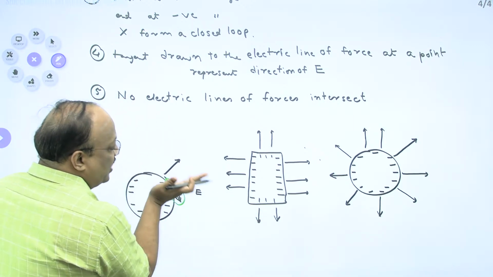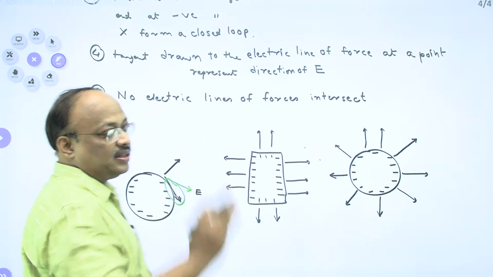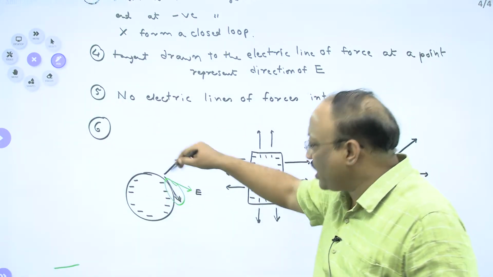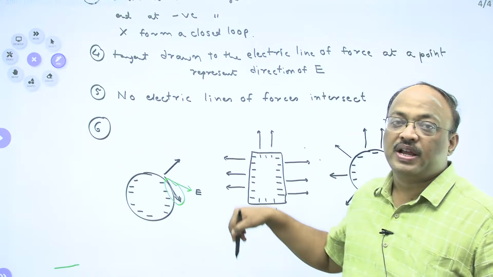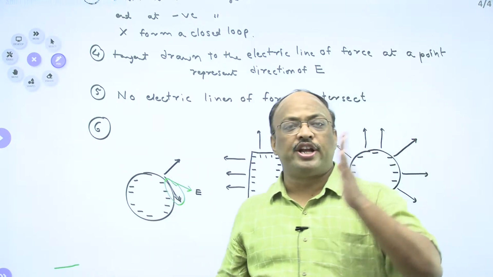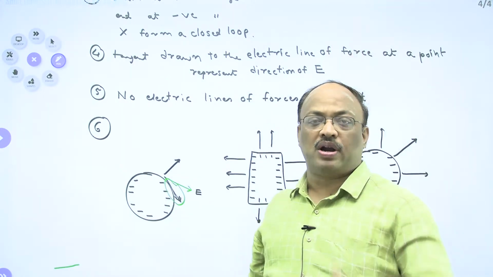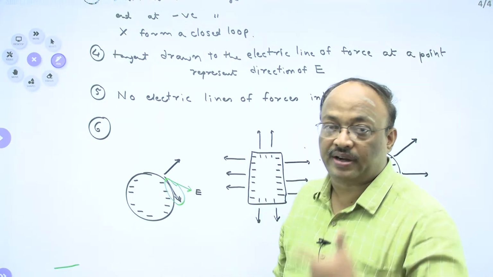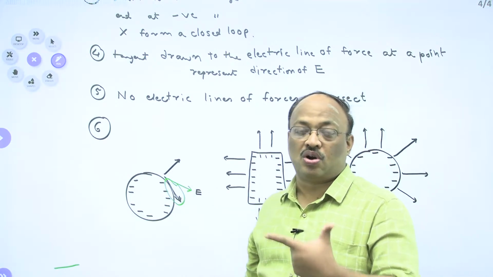It has to be like this. No horizontal component of it will exist. It should only have the vertical component. The horizontal component should not be there.